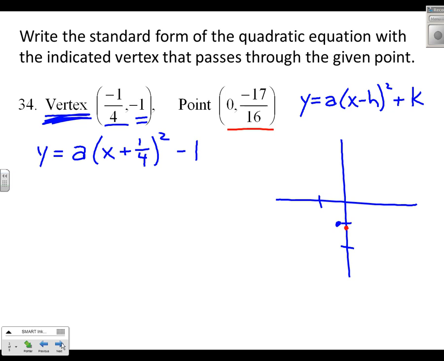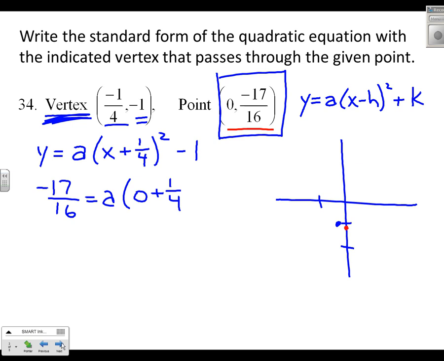I'm going algebra first. I just have to force my parabola to go through that point. So at some time when the y is -17/16, the x value is going to have to be 0. So I get -17/16 equals, squared up here, equals 1/4 squared, 1/16 a, or a over 16, minus 1.